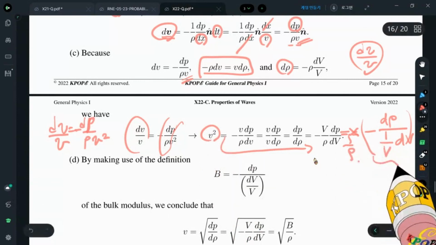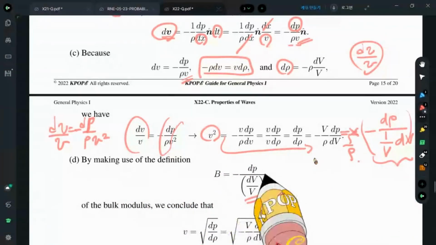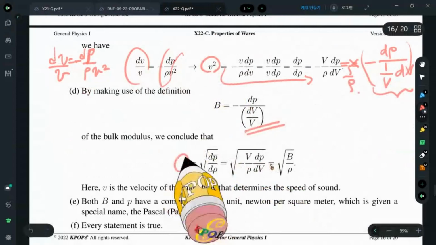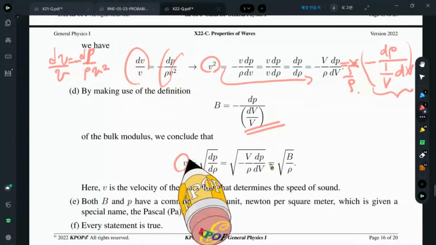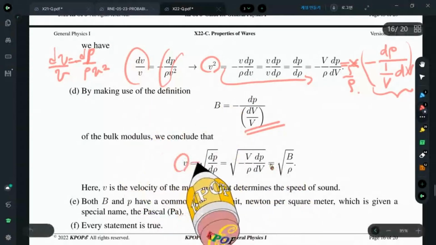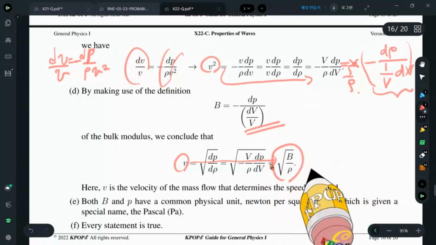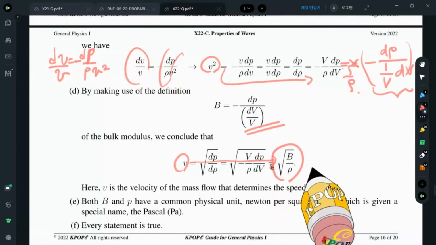This one is nothing but the bulk modulus of air molecules. As a result, the square root of v squared is the speed of sound, and that is eventually expressed as the square root of the bulk modulus divided by the density of the air.